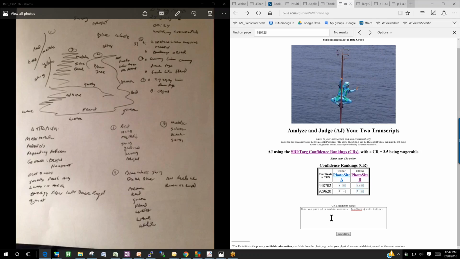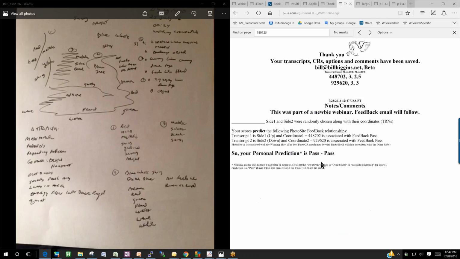So I hope all of you have gotten at least one example of a feedback email. Notice now it says pass because none of the CRs are over 3.5. And if two CRs were at 3.5 or even 4.4 in the opposite direction, that would be a pass too.